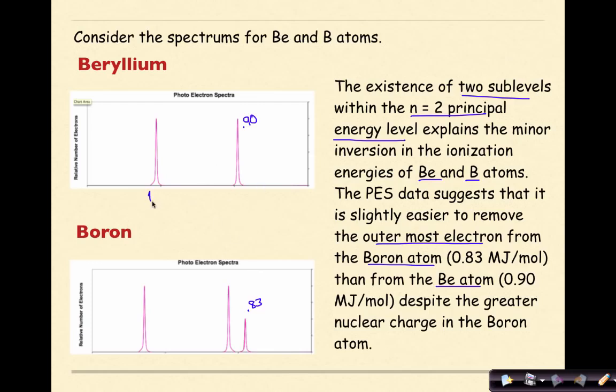So this is 1s2, this is 2s2 for beryllium, and for boron, this is 1s2, 2s2, 2p1. Even though boron has more protons in its nucleus, less energy is required to remove this outermost electron compared to the beryllium atom with its nucleus.